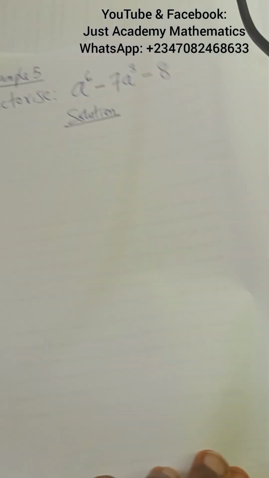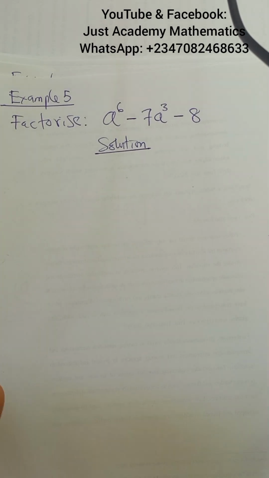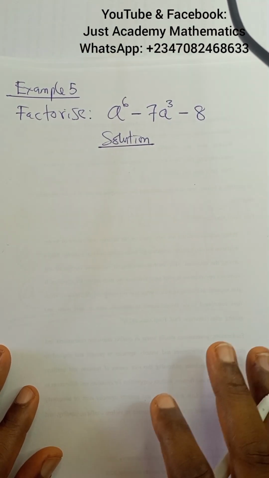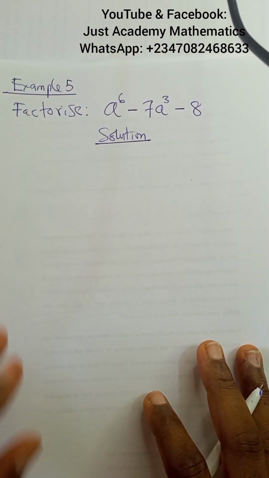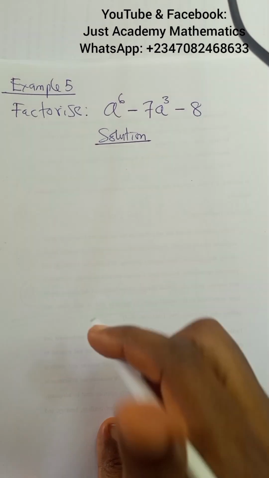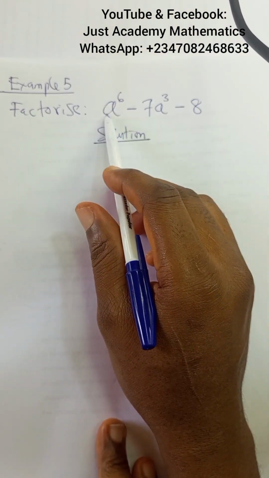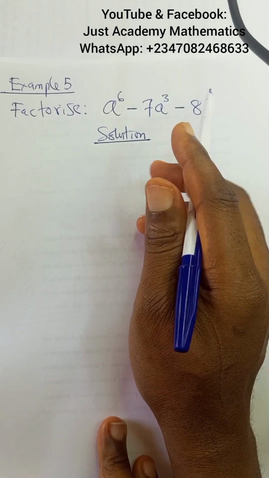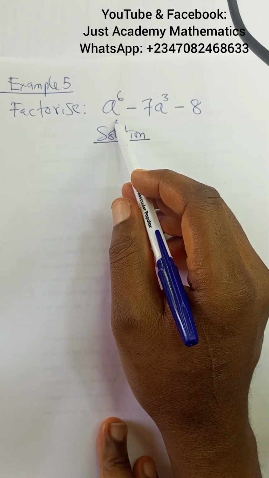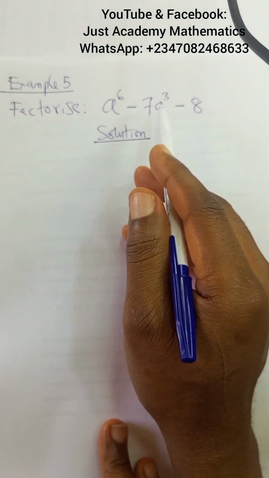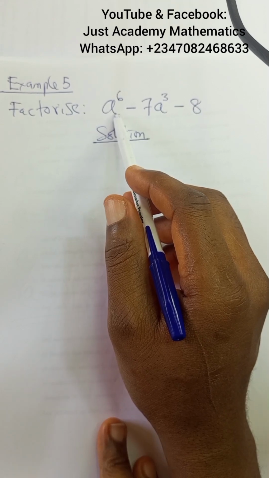That brings us to number 5. Look at number 5. Now, anytime you see the one that has just one variable, you think of what to do, because sometimes it can be easy when you see one variable. What do I mean by that?